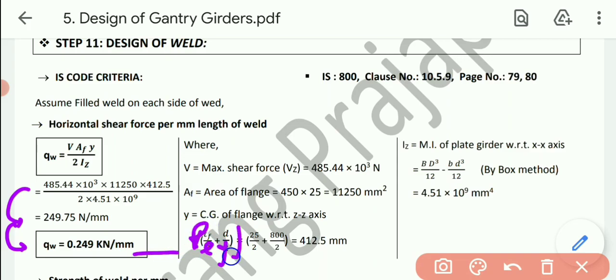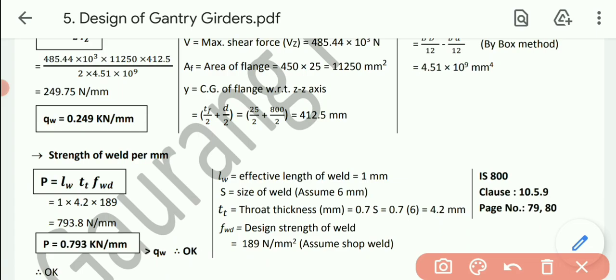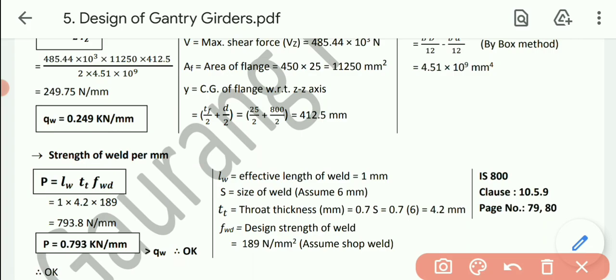It means if we want to connect the web with the flange, then we will need to provide at least this much weld. For that we always provide the strength of the weld, P equals LW times TT times FWD. As we will provide the length of weld per mm, LW is always 1. In order to calculate TT, we need to assume the size of weld, which is always taken between 3 to 6 mm.